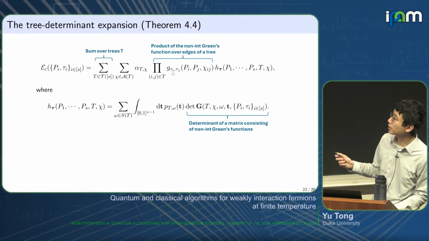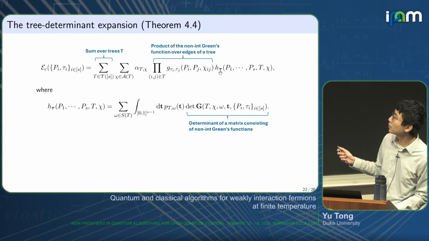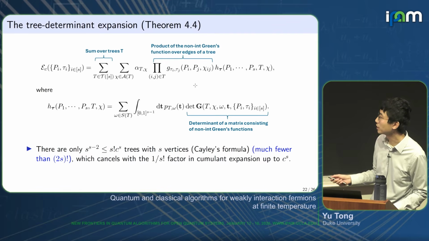You only multiply non-interacting Green's functions where (i, j) is an edge of the tree. For each tree, you also multiply by h(tau), which is an integral of a determinant. This determinant structure is, again, very important. You'll see later why it's important.